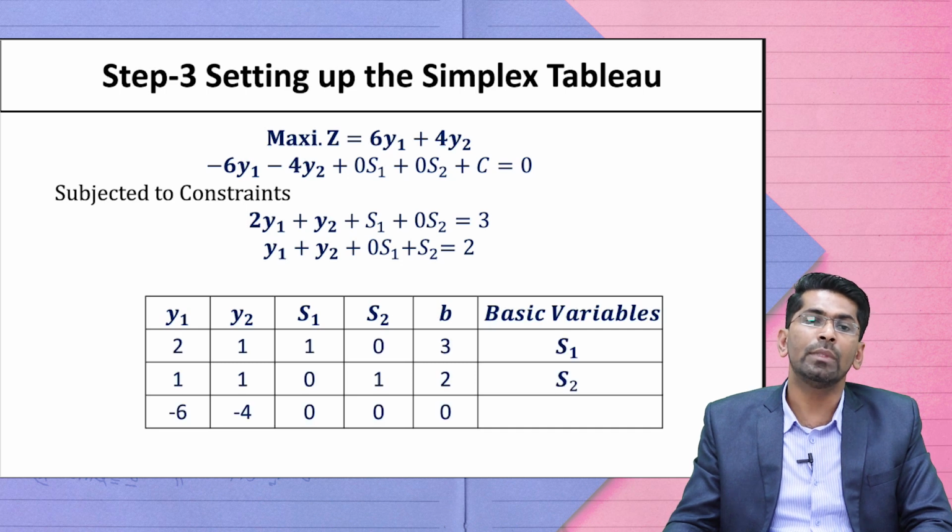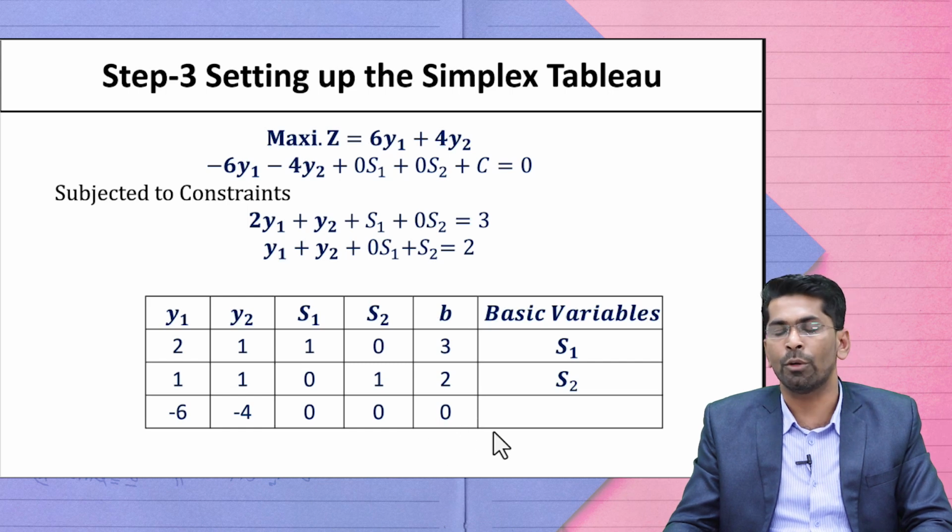It is 2, 1, 1, 0, and then the constant 3, put in the column of b. Then the second constraint coefficients are y1, y2: 1, 1, then s1: 0, s2: 1, and the constant is equal to 2. Then we consider the objective coefficients: here it is -6, -4, 0, 0, and the constant is also equal to 0.